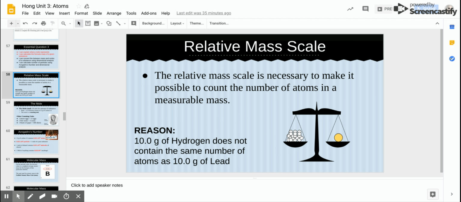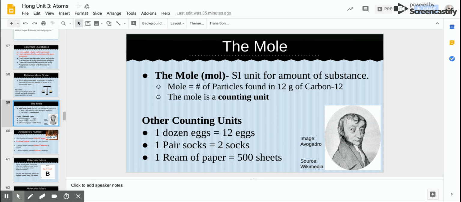And so it's fair to say that 10 grams of hydrogen does not contain the same number of atoms as 10 grams of lead, because if you look at the periodic table, you will notice that hydrogen's average atomic mass is way different than lead's average atomic mass. So we came up with this relative mass scale so that it would be possible for us to count how many atoms are within a measurable mass. And we base it around this concept of what's called a mole.